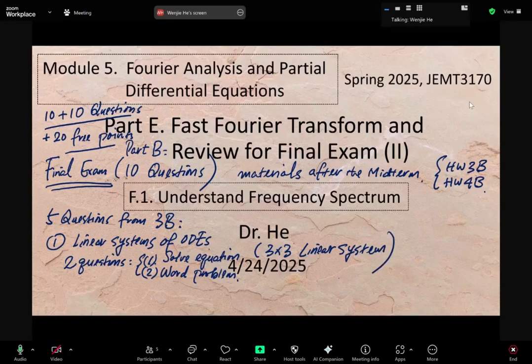In our practice we did 2 by 2. 3 by 3 is the same way, but you need to do a little more calculation. In our review session, I will show you one example.